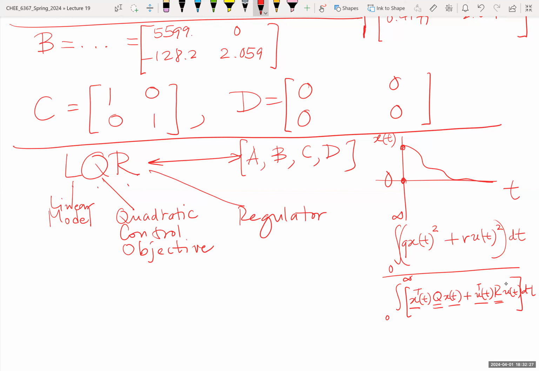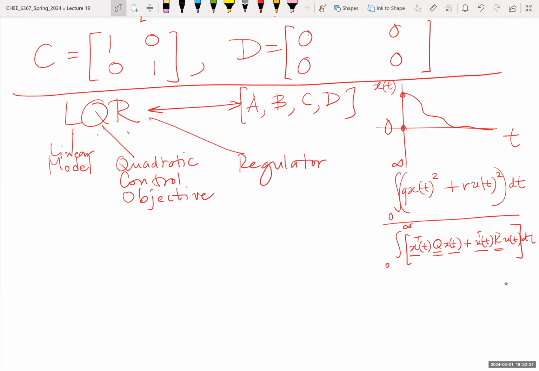It turns out, and we'll see this again, but I mentioned it early, that for this problem the optimal solution is actually very simple. It says that the optimal input, the input that makes this cost minimum, is actually a constant times the state.